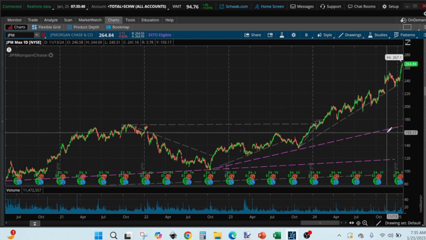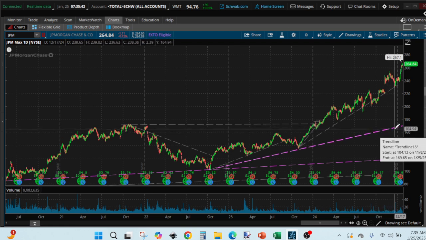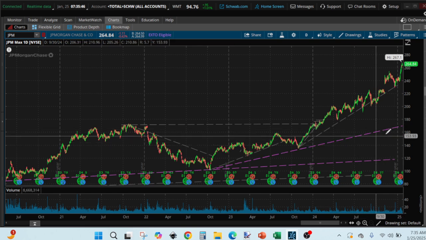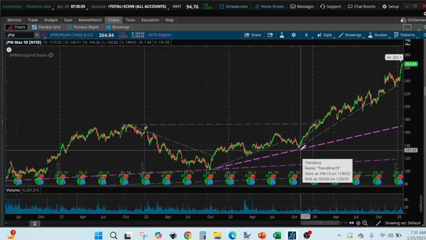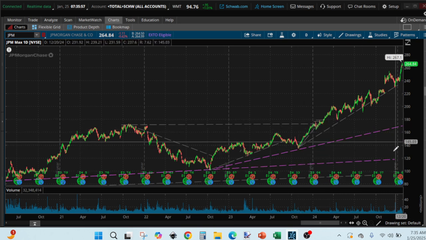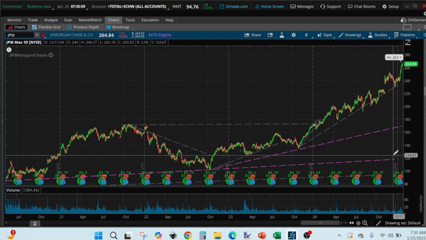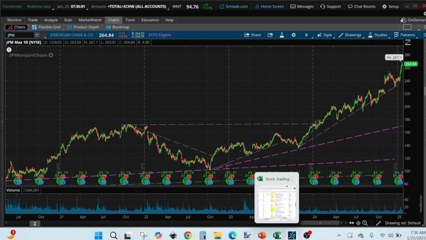So I didn't highlight this to be a target entry point before, but now I'm doing it. It is a 2-year trend line there, it touched base with it, started there, touched base with it, and it could well want to touch base with it, or it will want to come down to here. So at this point it's still higher up.